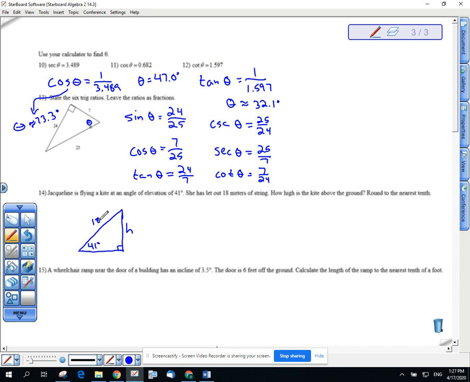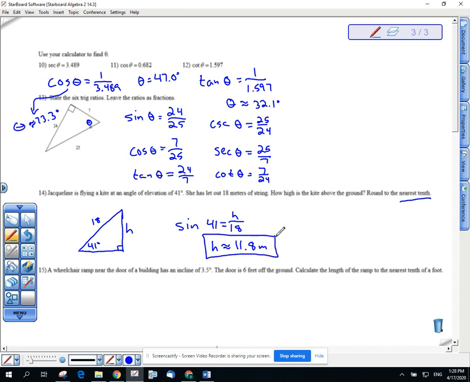Here's hypotenuse. OH, this is sine. Sine of 41 is equal to h over 18. And that's the work that should be shown. And then on your calculator, you type in 18 sine 41. It does say round to the nearest tenth. The height would be 11.8 meters.